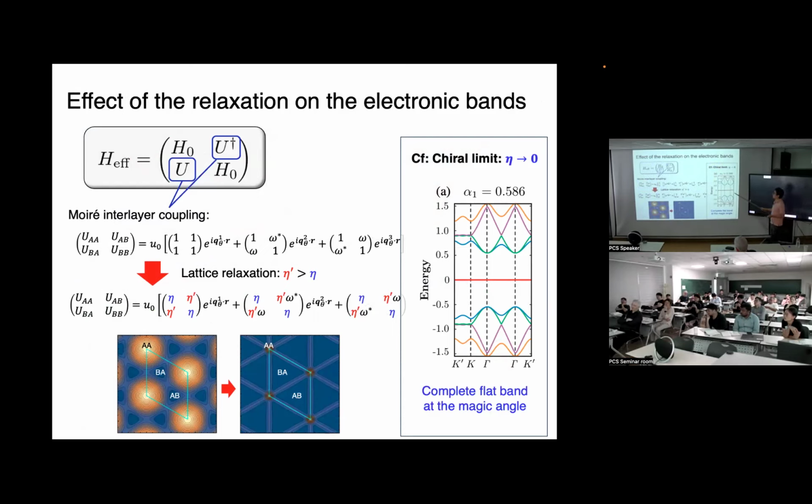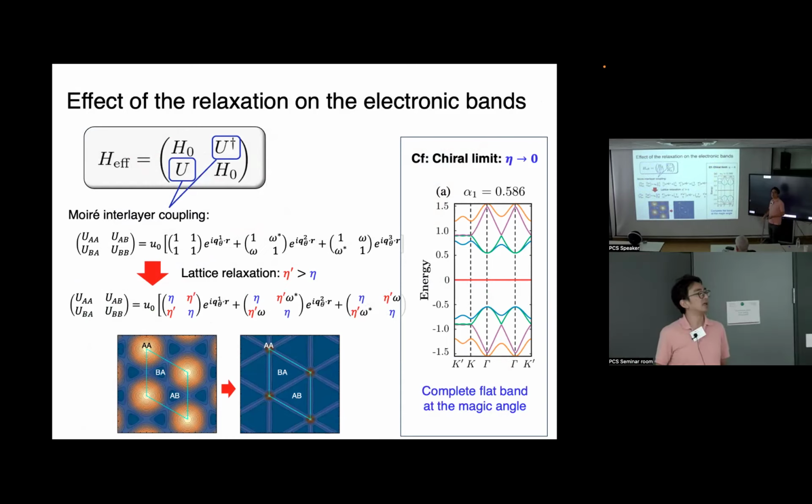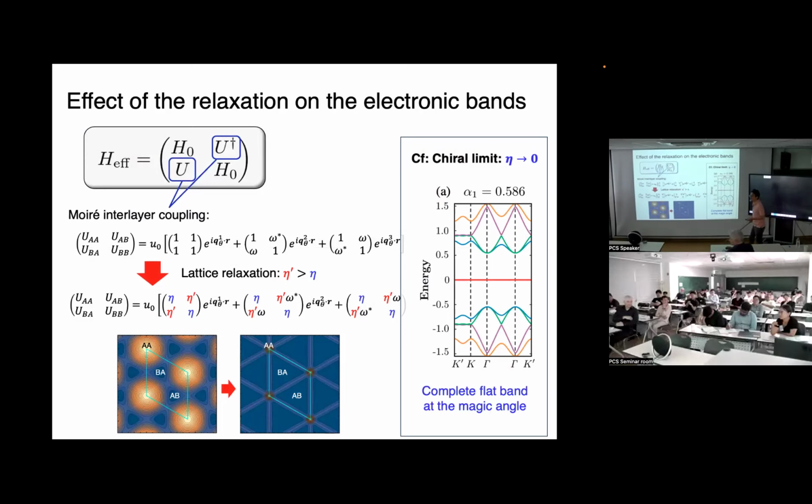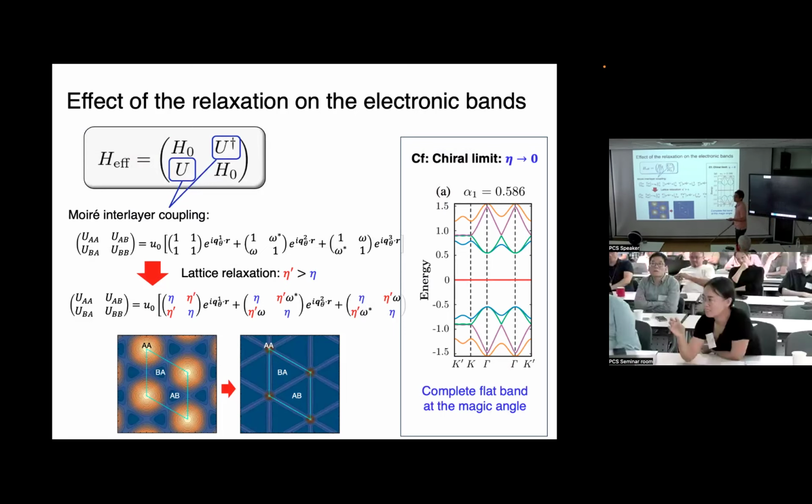Because twisted bilayer graphene has C2z symmetry, so 180 degree rotation in plane. So this actually prohibits the emergence of Chern bands. For twisted bilayer graphene, when you relax, the AA part will shrink and the band will become flat, right? Which one?